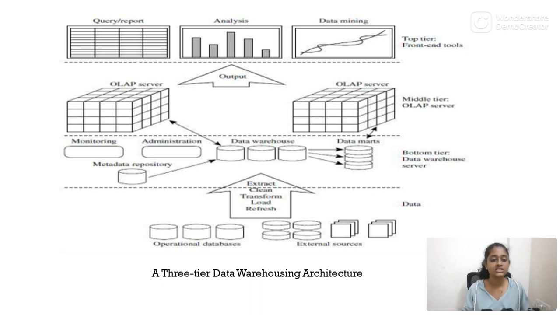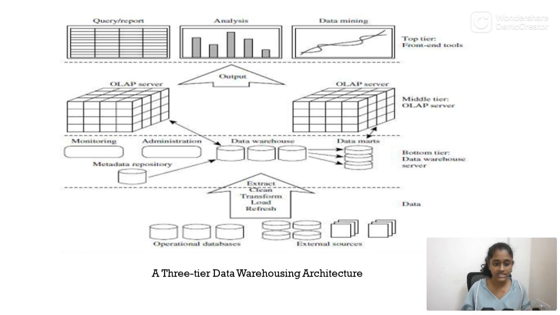In the extraction phase, the data from multiple heterogeneous and external sources is being collected or extracted. And then in the cleaning phase, the errors are being detected in the data and they are being rectified if possible. And then in the transformation stage, the data is converted from the legacy or the source format to the warehouse format.